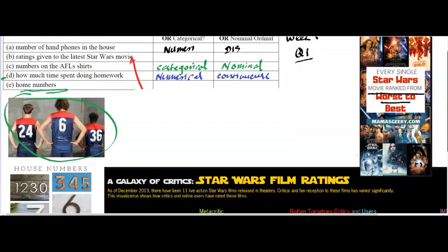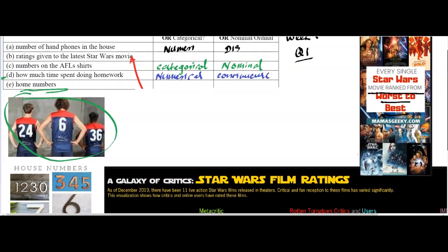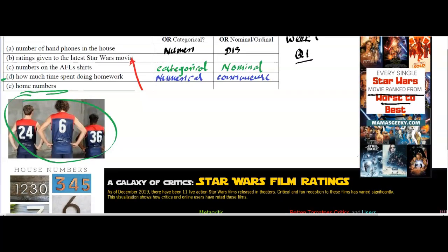So look at the house numbers here. I have written some house numbers: 1, 2, 3, 0, 3, 4, 5, 345, 6, 7, 53 and so on. The house numbers, again, are similar to AFL shirt numbers. It's just for labeling purposes.